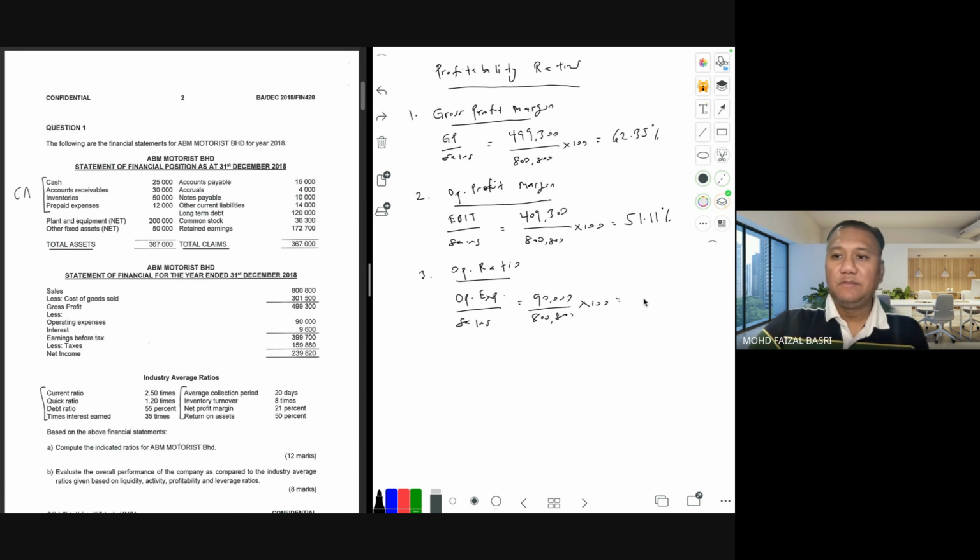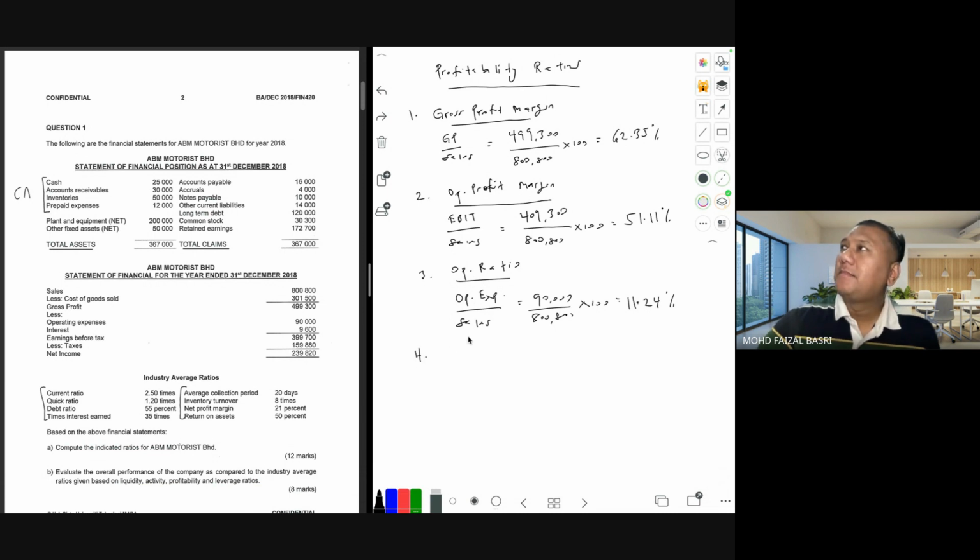So it's about 11.24%. Okay, 11.24% for operating ratio.